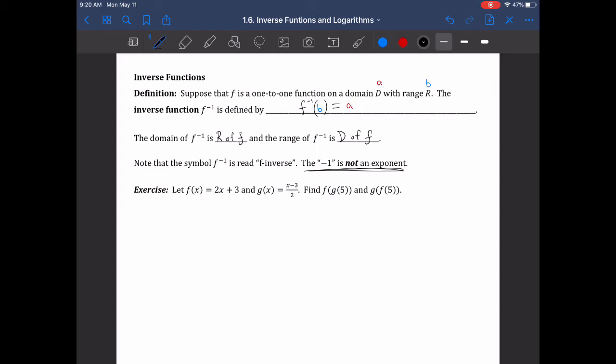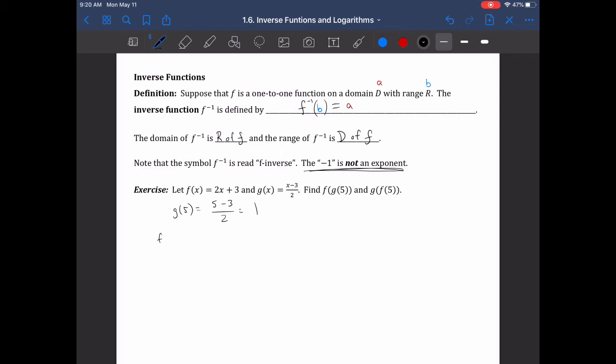Let f of x equal 2x plus 3 and g of x equal x minus 3 over 2. Find f of g of 5 and g of f of 5. So let's start by finding g of 5. That's going to be plugging in 5 minus 3 over 2, and that's going to give us a value of 1. That's 2 over 2, that's 1.